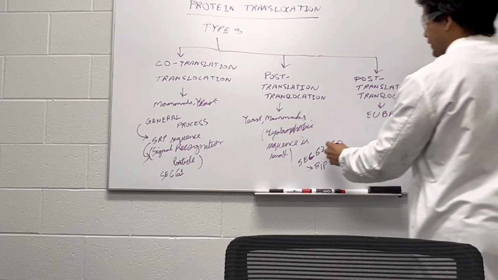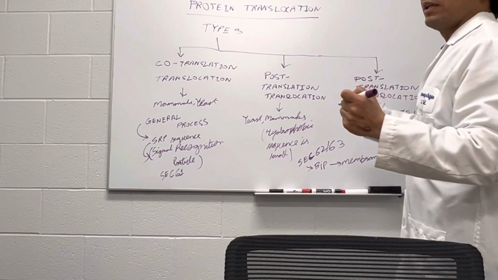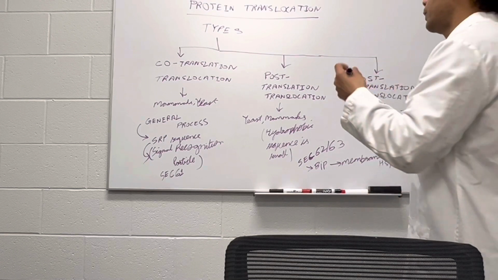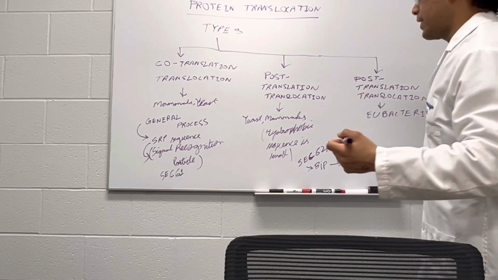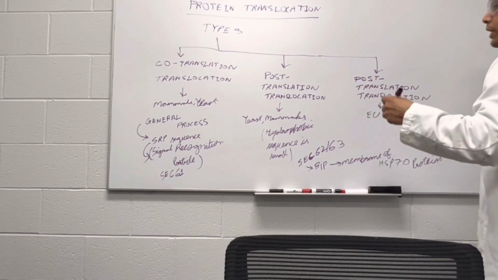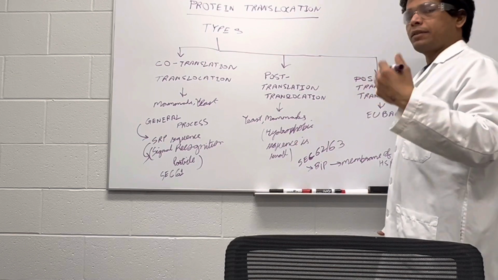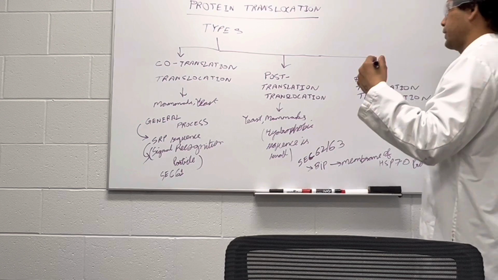So the SEC62-63 complex helps the proteins that are translated in the cytosol to translocate further to the final destination, either in the ER lumen. From there, further post-translational modification occurs, then they move to the final destination.